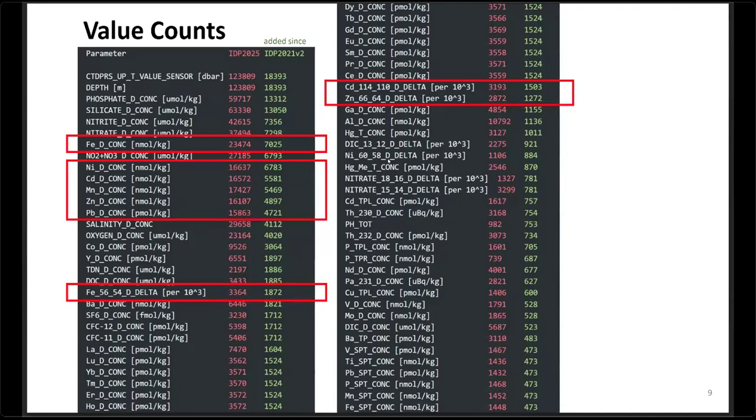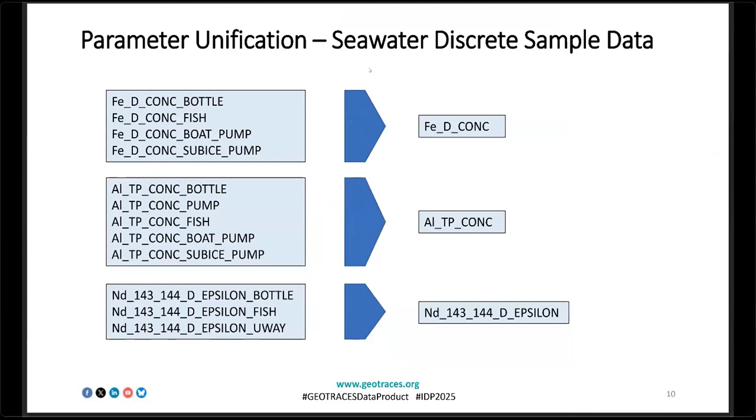A new thing in the seawater discrete sample data is the parameter unification that has happened.